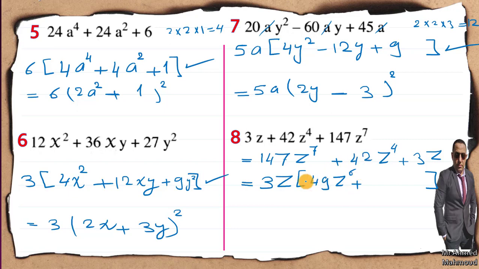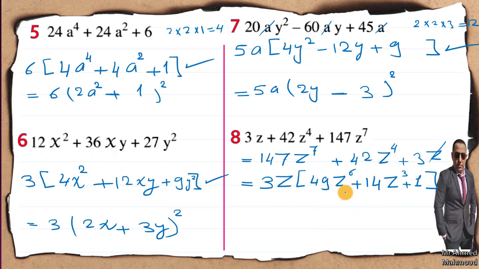Positive 42 divided by 3, 14. z to the power 4 minus z to the power 1 equals z to the power of 3, plus 3 divided by 3, 1. z to the power 1 over z to the power 1 cancelled.